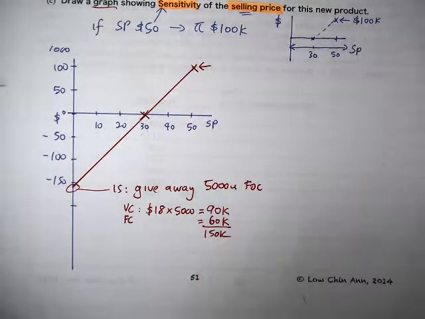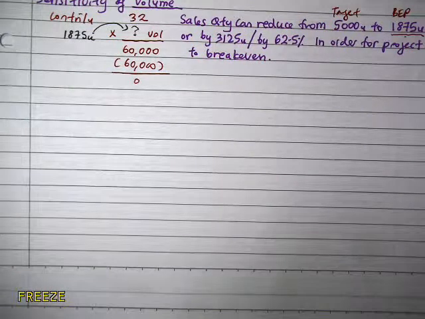So it's 150. I scale a bit out. That's why your loss is 150,000. Okay. That's it. So this is how we prepare sensitivity analysis.